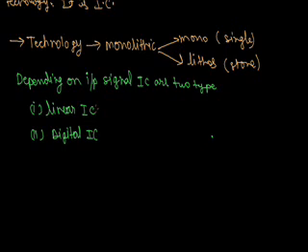Linear IC means analog IC, used in operational amplifiers, and digital ICs are used in digital circuitry. A digital IC contains different logic gates according to the application.